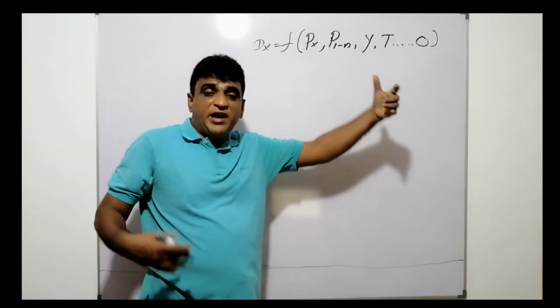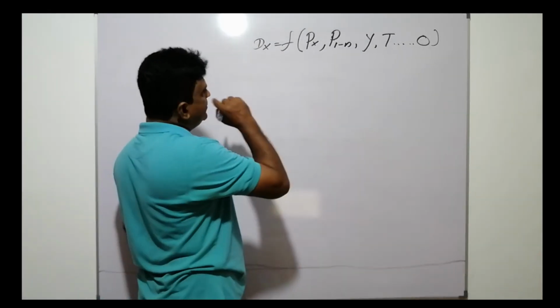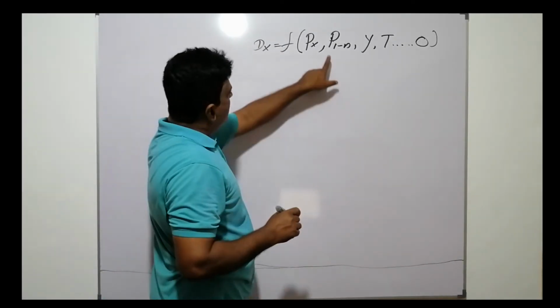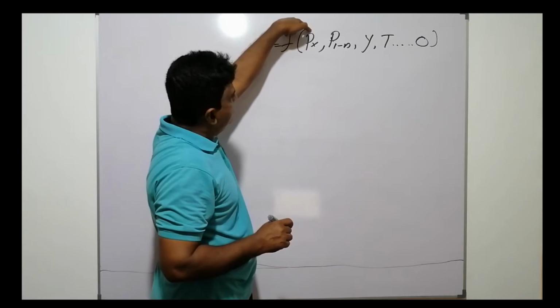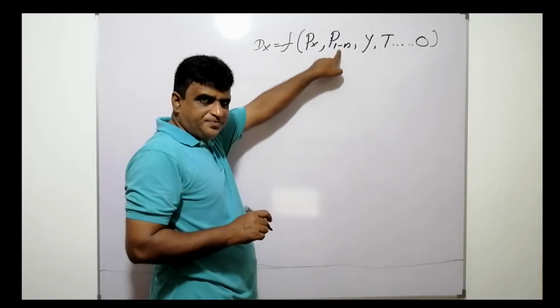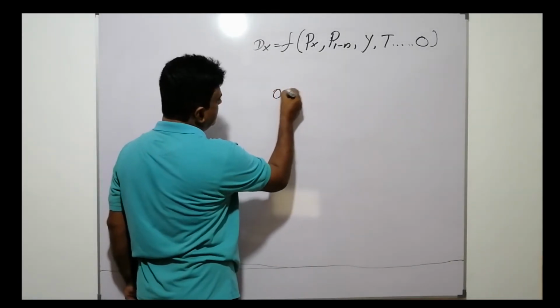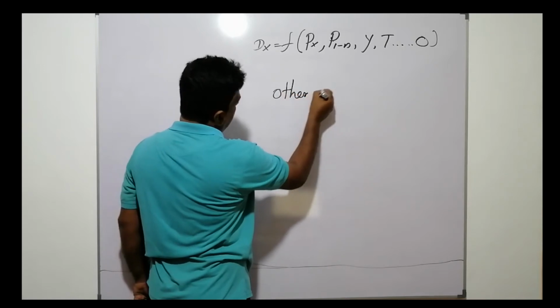Many factors are there, advertising, everything, right? Now, we'll consider this Px is constant. We'll think about this: this means other goods.